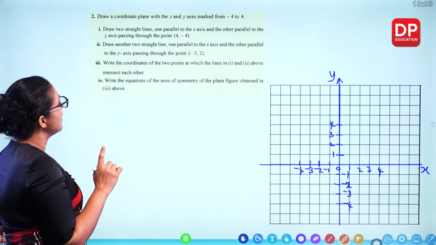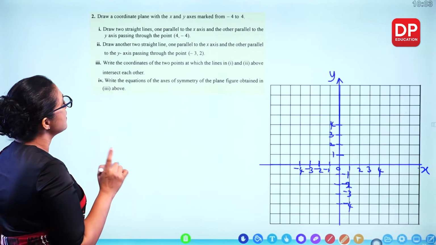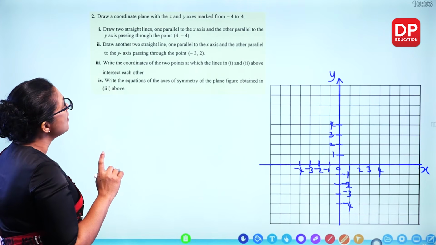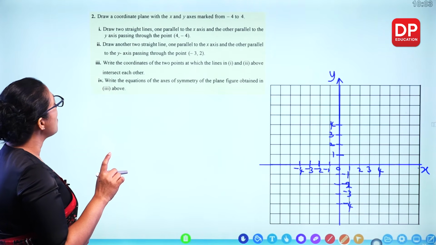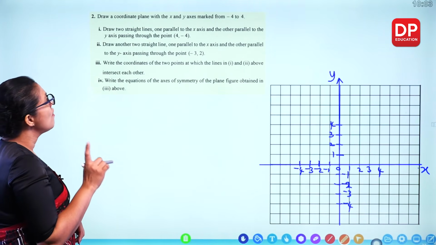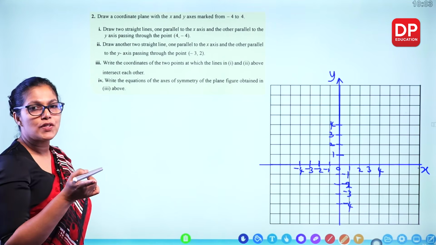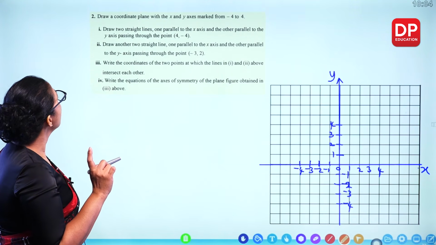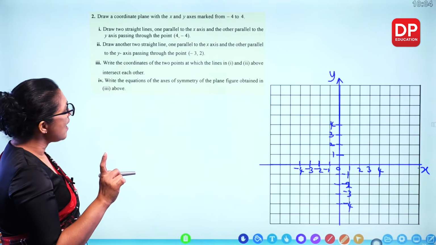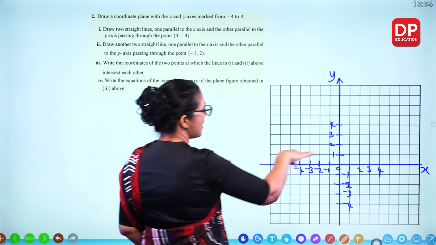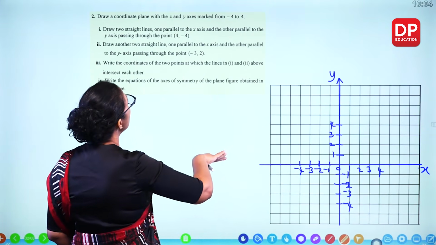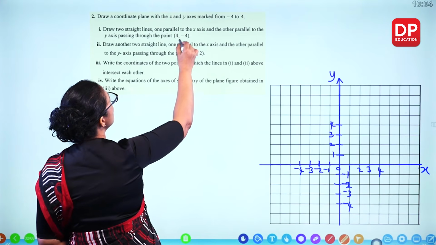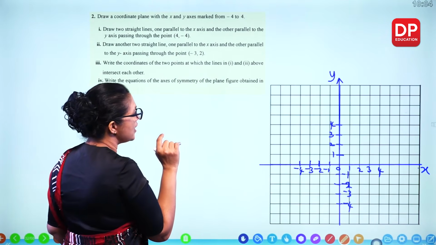Draw 2 straight lines, one parallel to the x-axis and the other parallel to y-axis, passing through the point 4 and minus 4. So we'll first draw parallel to x-axis. Parallel to x-axis means the y values should be the same, passing through 4, minus 4.